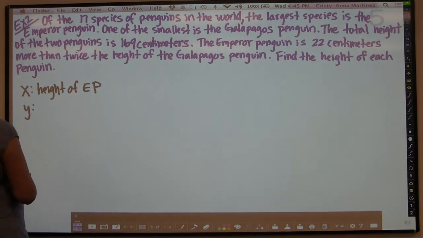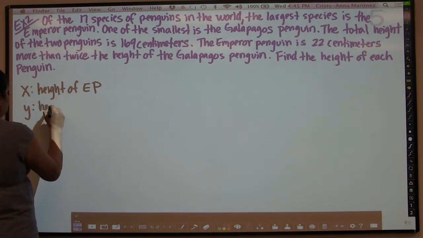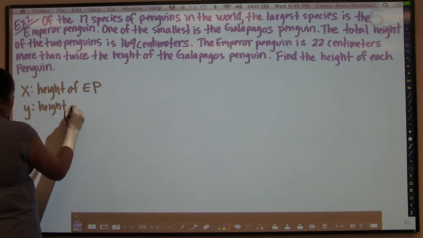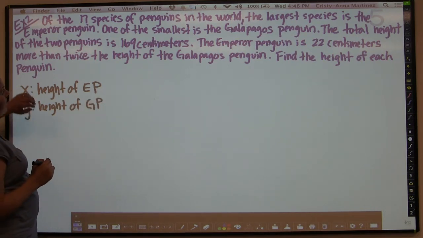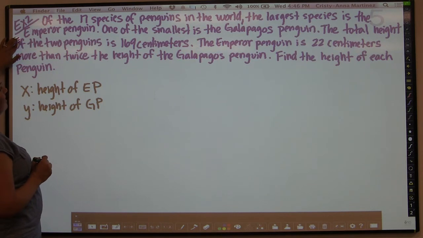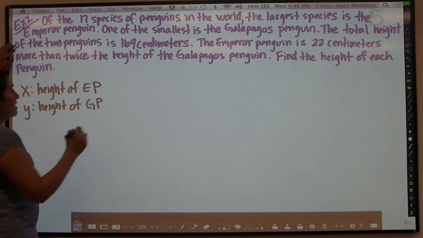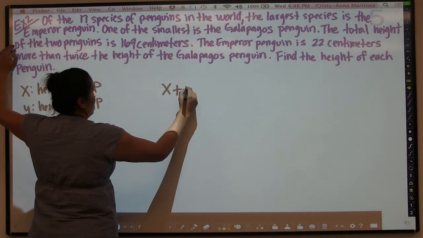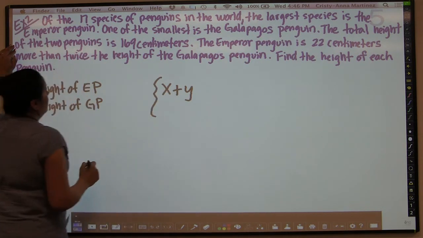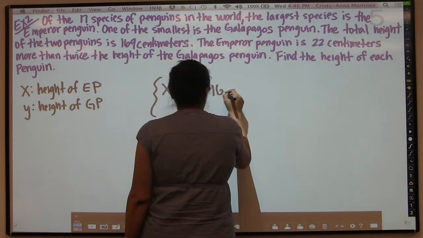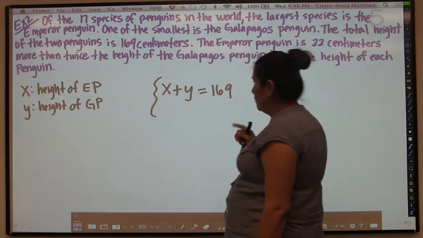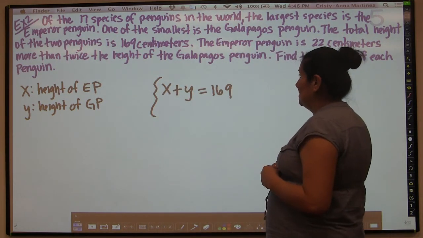And we'll say that y is the height of the Galapagos penguin. And it says in the third sentence that the total height of the 2 penguins is 169 centimeters. So when we add the 2 heights together, x plus y, we get 169.